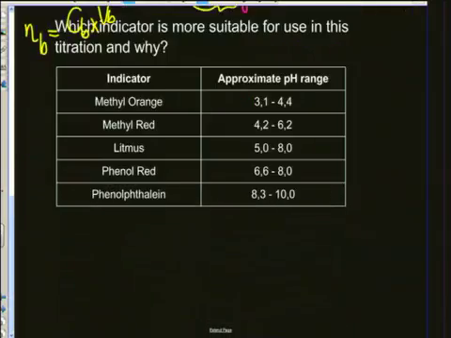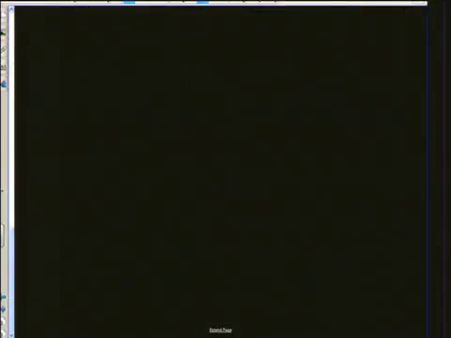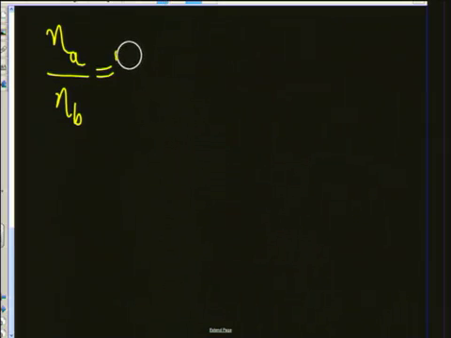Let me find a proper space here. I can say that the number of moles of the acid divided by the number of moles of the base will give me, at the equivalence point, at the point where the reaction has occurred, 1:1.